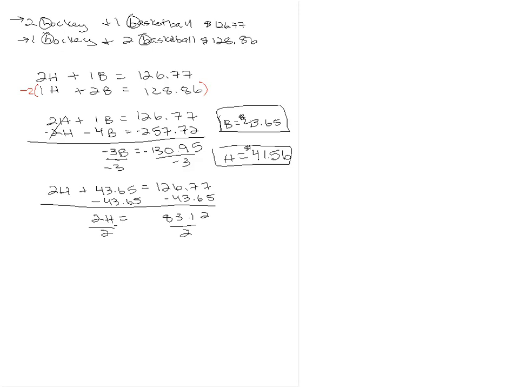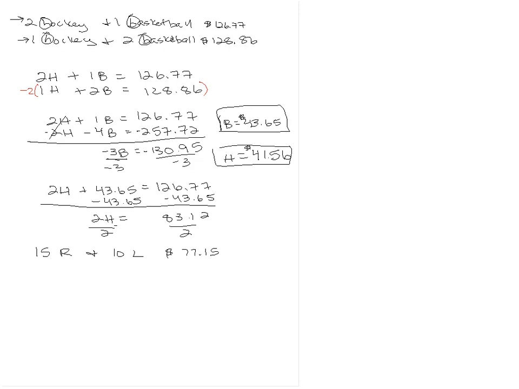All right, let's look at another one. I'm just going to set it up. It's similar to what we just did. What if I said, Andrew McGinnis works at Arby's. During one particular day, he sold 15 regular size roast beef sandwiches and 10 large roast beef sandwiches, and it totaled $77.15.